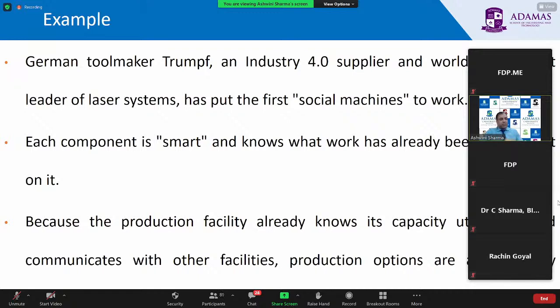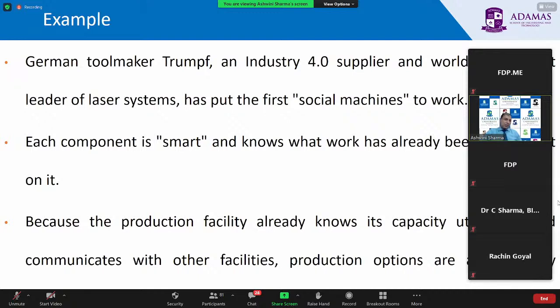What is the health of the battery in your mobile phone? For that, your battery needs to be smart. The battery needs to be connected. All the parameters of the battery should be known to the system, and then the system decides and reflects onto your screen the health of the battery.